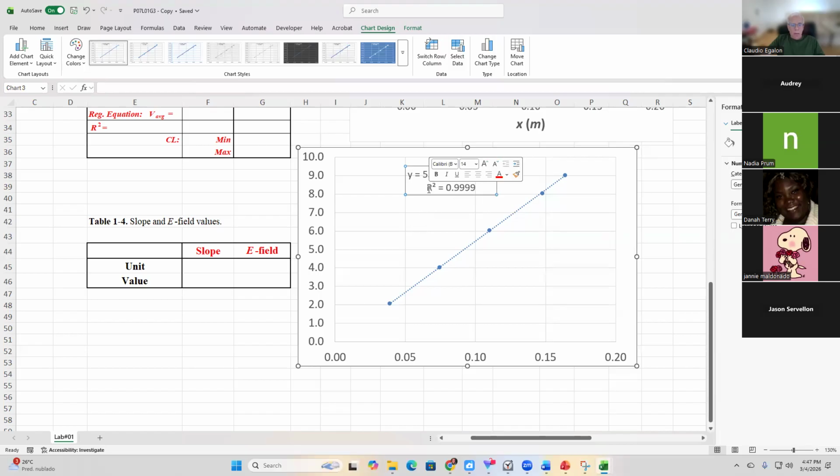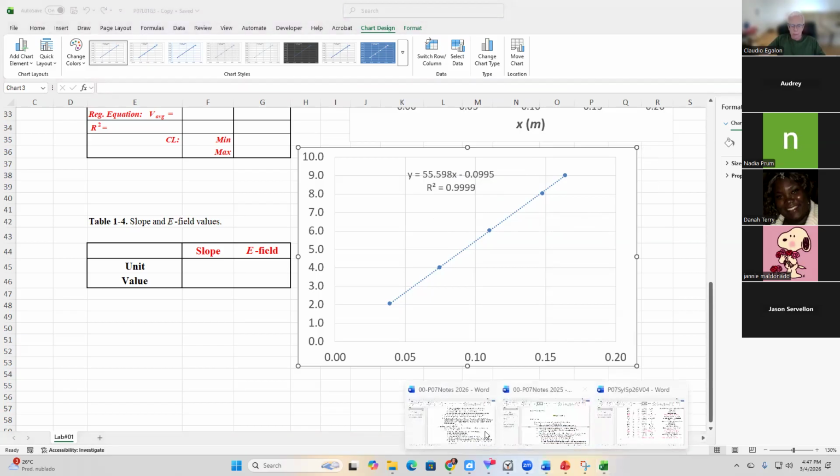See that this number, R squared, is very close to 1. Okay, this number here has a name. If you took the course with me, you already know the name of this parameter. It's a statistical parameter called the determination coefficient.